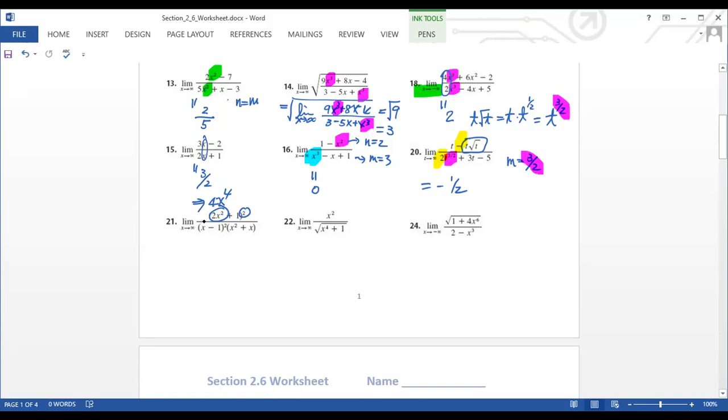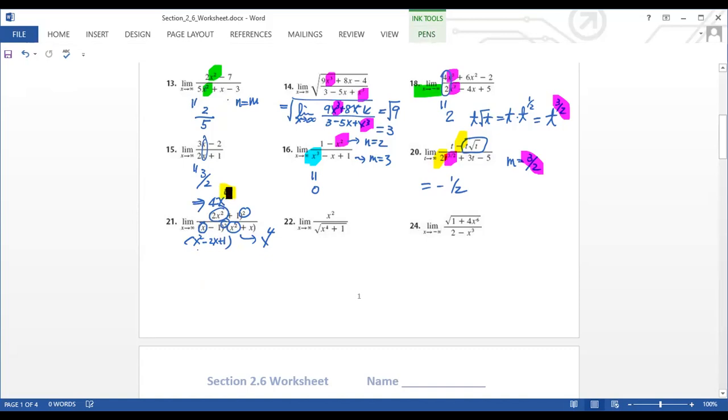The same way here: this is (x squared) with a square. Of course, you can FOIL it, but if you FOIL it, this is x squared minus 2x plus 1. So then this x squared and this x squared give you x to the 4th.